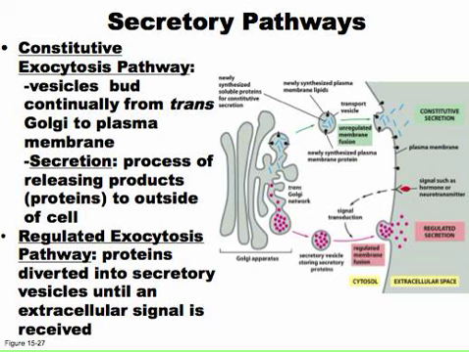So neurotransmitters are held in vesicles at the terminus of a neuron until it receives a certain signal. And when it receives that signal, that's when all the vesicles are going to fuse with the membrane, and that's what's going to empty the neurotransmitters into the synapse, which is the area between the two cells. That's regulated exocytosis.